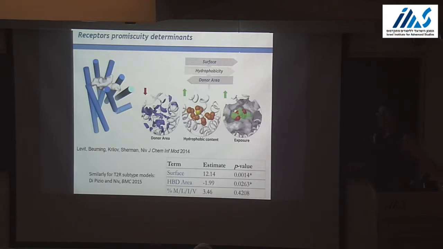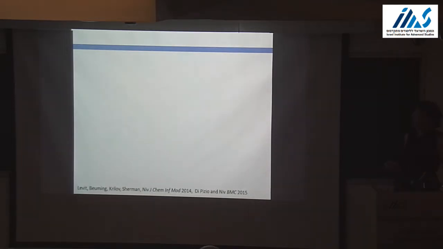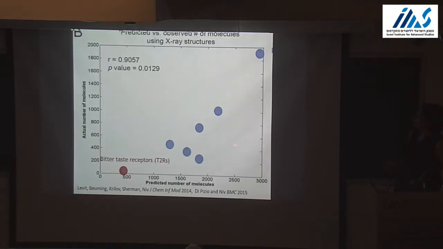And similarly, it was done for the different T2R subtypes, because there we have a range between them, the more and less selective, and we did that. And in fact, we were even able to predict the expected number of observed ligands just based on the structures that came out after we did this analysis, so these additional crystal structures that were published.